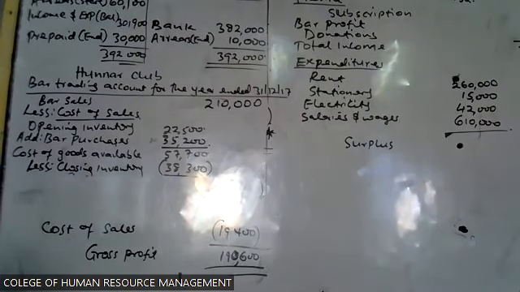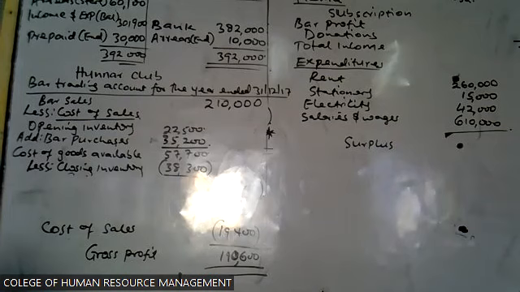The first one. Oh, provision for doubtful debts. It was a decrease if you compare the amount at the start and the amount at the end. The amount at the start was 23,000. The amount at the end was 12,000. So that decrease, we are supposed to actually consider it as an income. The decrease only. We never considered that.